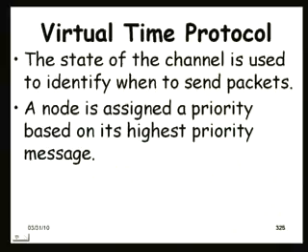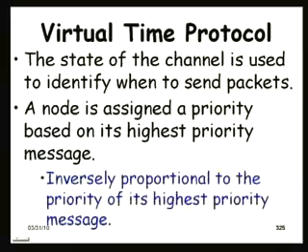So, the node is assigned a priority based on the highest priority message it has, and it waits for a period inversely proportional to the highest priority message that it has. So, what it really means is that depending on the priority, they keep on sensing at periodic intervals, okay.